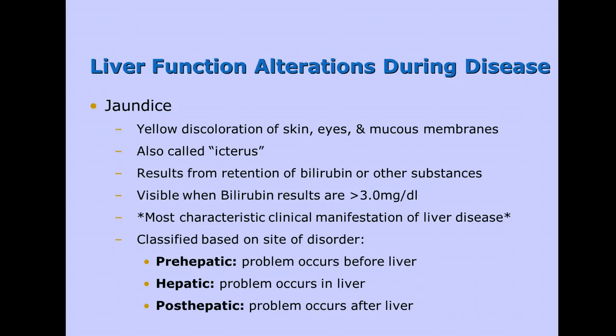For example, hepatitis. The liver is diseased and is not able to conjugate that bilirubin. Posthepatic jaundice occurs after the liver. Think of something like gallstones or some other type of biliary obstruction just after the liver that causes those things to be unable to drain into the intestines.